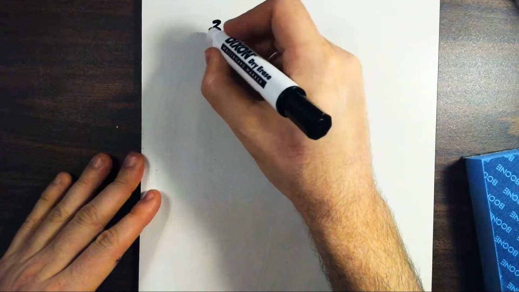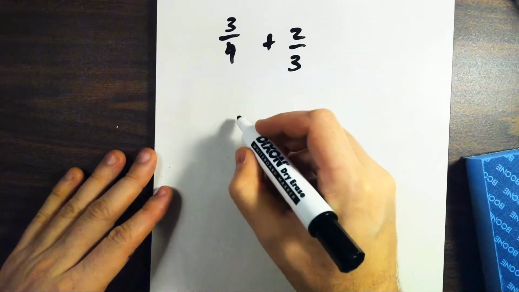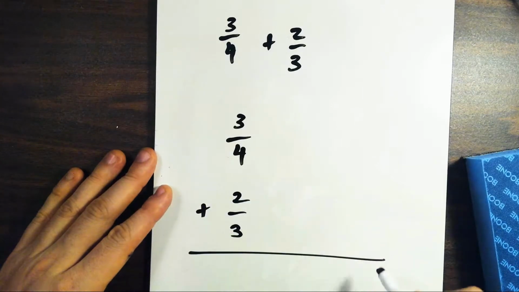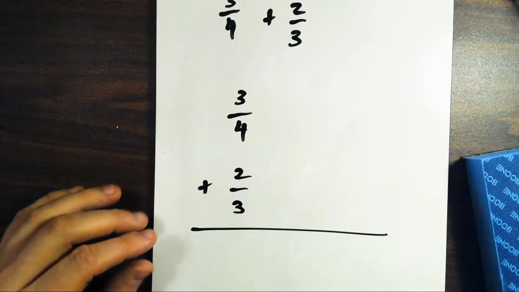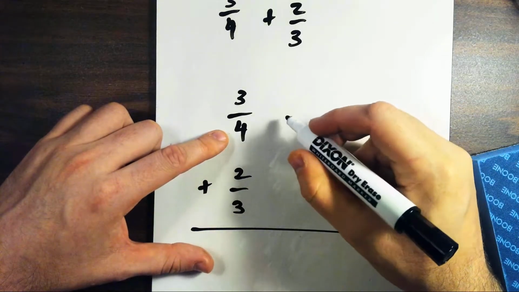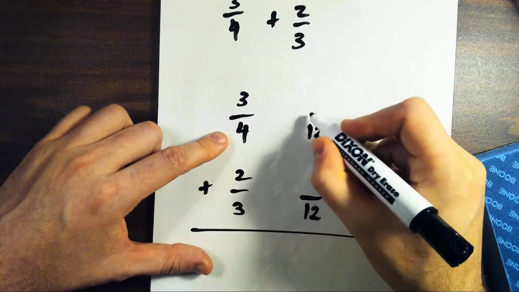Let's do 3/4 plus 2/3. I'm going to write these vertically. So I'm looking for a common denominator of 4 and 3. I'm going to count by 4s. 4, 8, 12. 3 goes into 12, so I'm going to stop there.